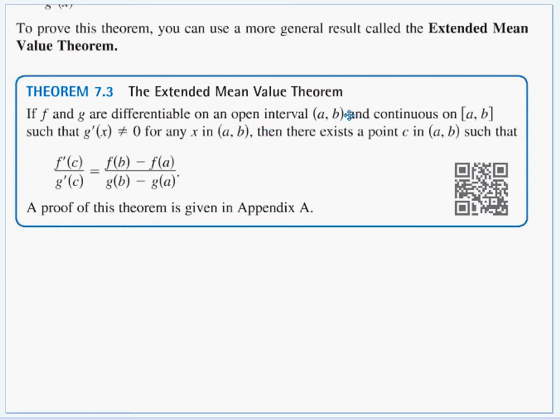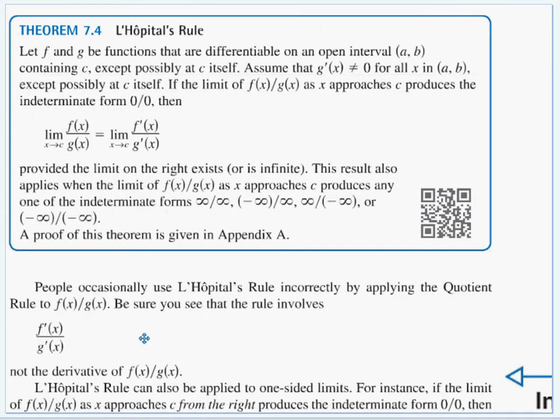If they are differentiable on the open interval and continuous on that same but closed interval, such that the denominator's derivative is not going to equal 0 for any value in that interval, then there must exist a point c somewhere in the interval such that f prime of c over g prime of c is equal to f of b minus f of a over g of b minus g of a. A proof, if you're curious, is in the back of the book in Appendix A.